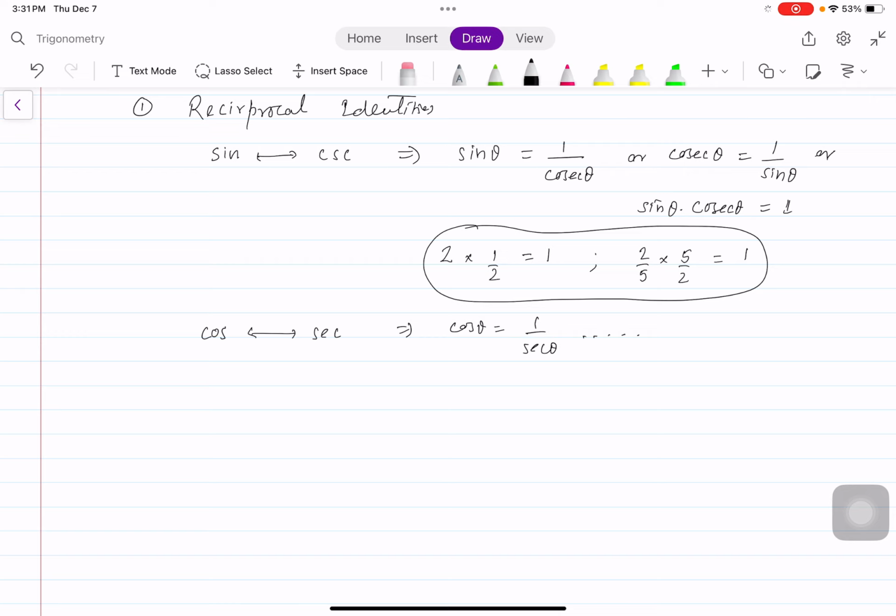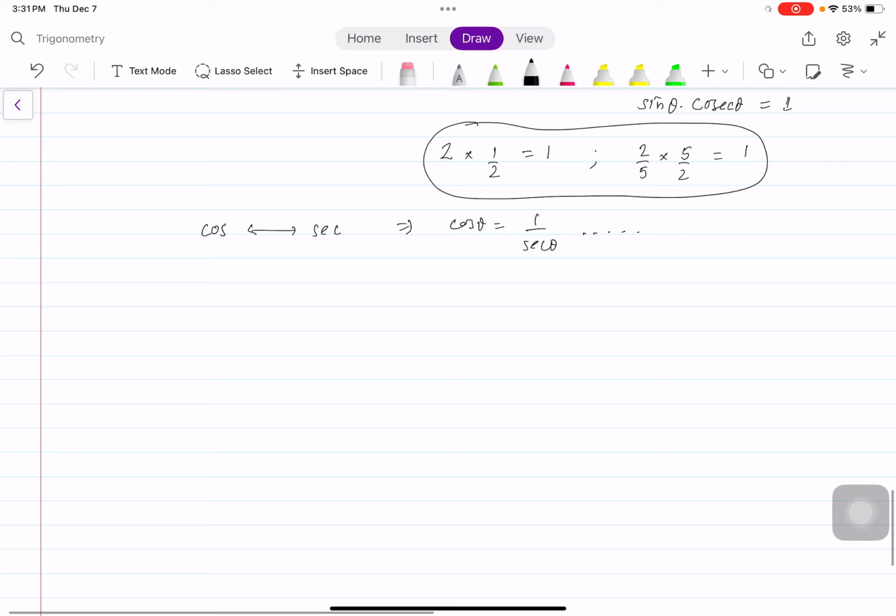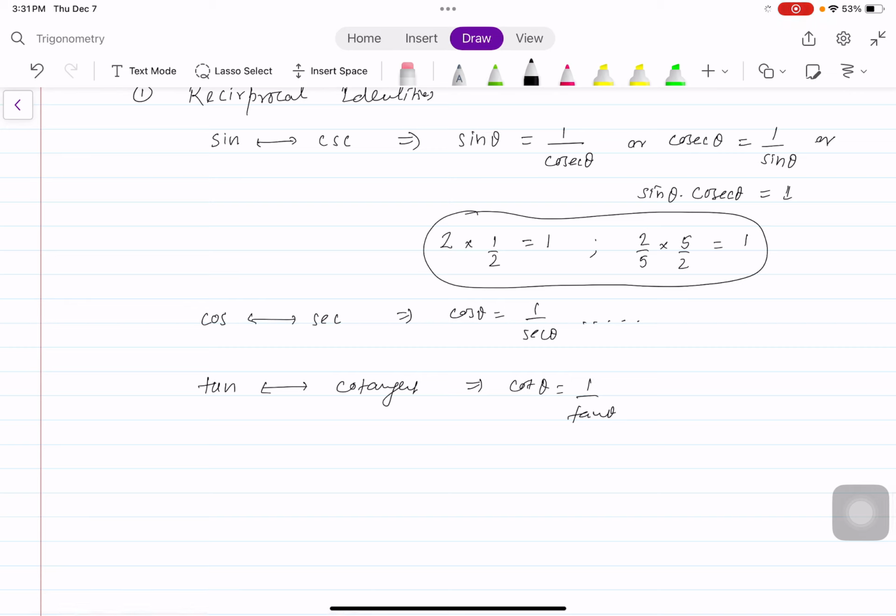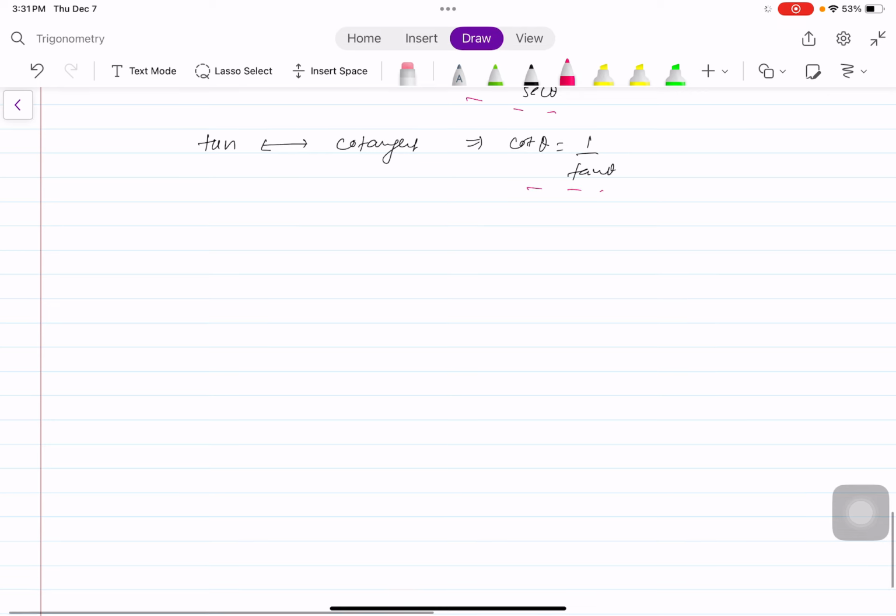Number three, tangent is reciprocal with cotangent. They also have a similar type of relation: cotangent of theta equals 1 over tan theta, and the other similar relations that we have here also hold. So these are reciprocal identities.